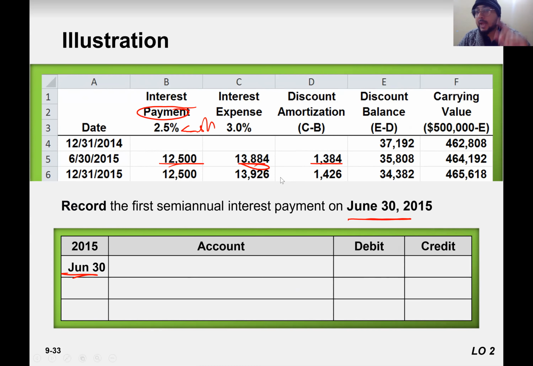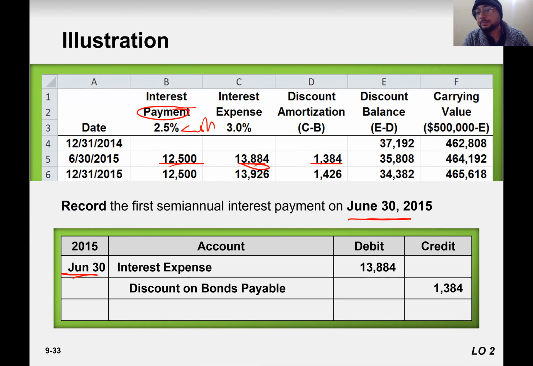So cash decrease, credit 12,500. Interest expense increase, 13,884 debit, right? Discount decrease in expense gets credited, and the cash you actually paid is 12,500, right guys? So it means your expense was like this, you paid, and this is your savings.